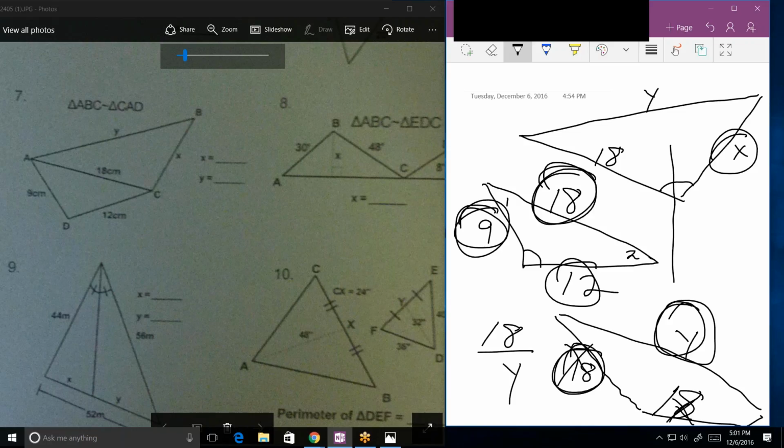So the acute angles appear to be close to the same. So it's not easy to figure out the corresponding parts by looking at it. But you can figure them out the way you did, which is to figure out which lines are similar. You could tell the first two letters of this one have to be similar to the first two letters of the other one. That's why we know that the Y goes with this 18.